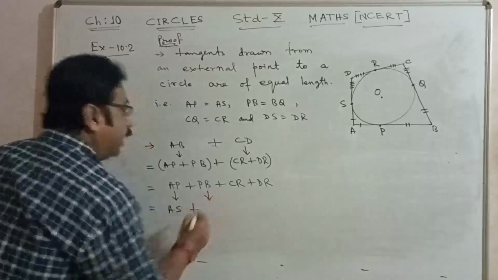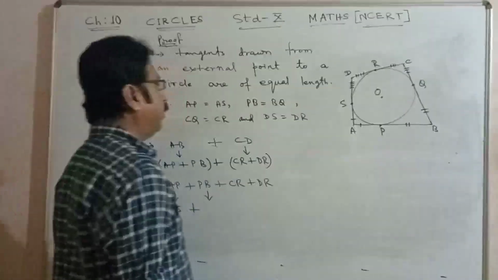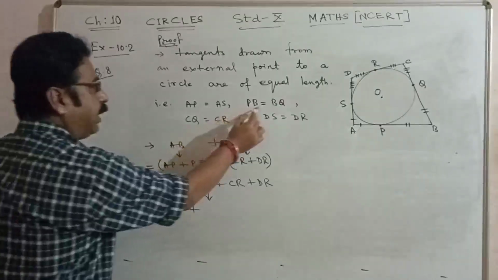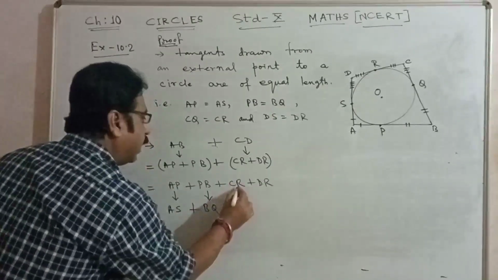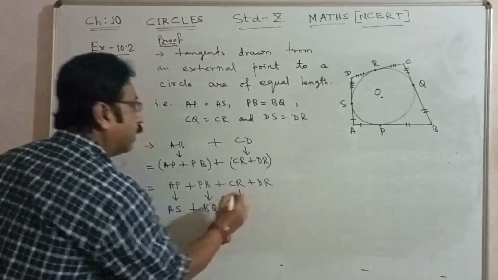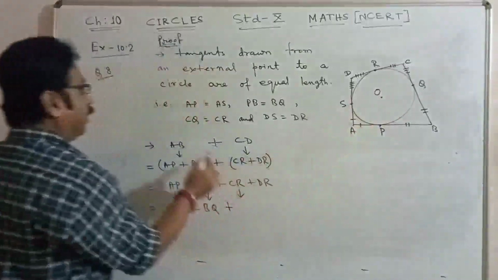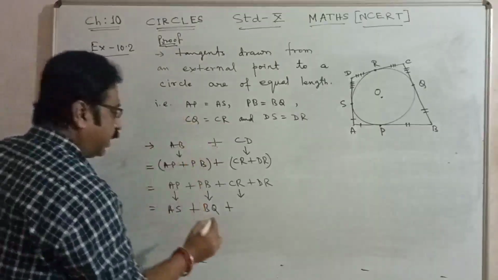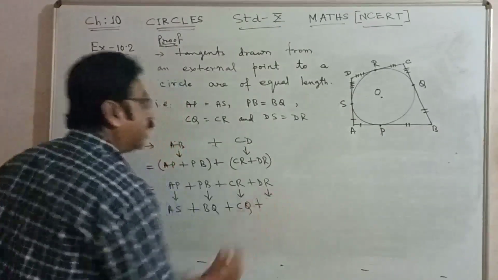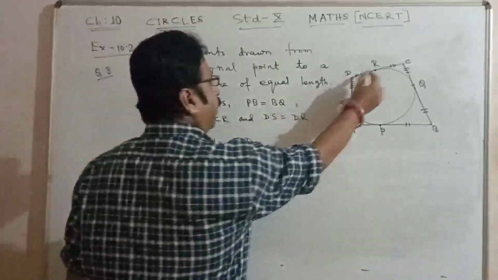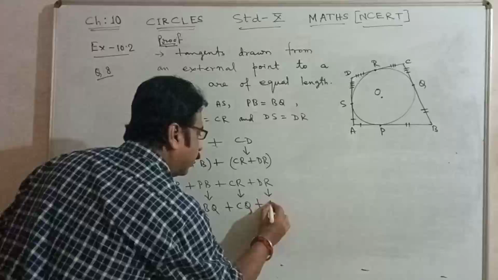In place of PB we can write BQ because PB equals BQ. In place of CR we can write CQ because CR equals CQ. In place of DR we can write DS because DS equals DR.